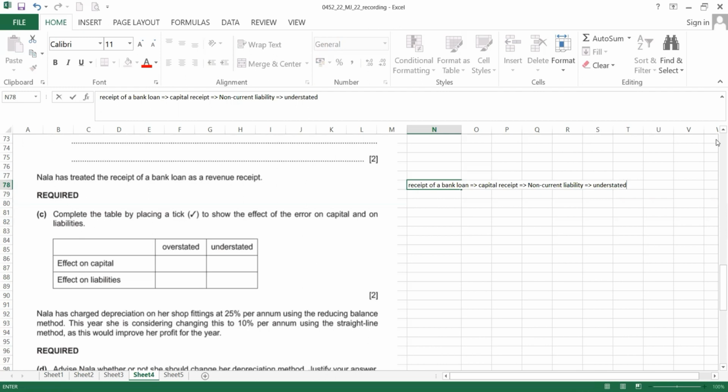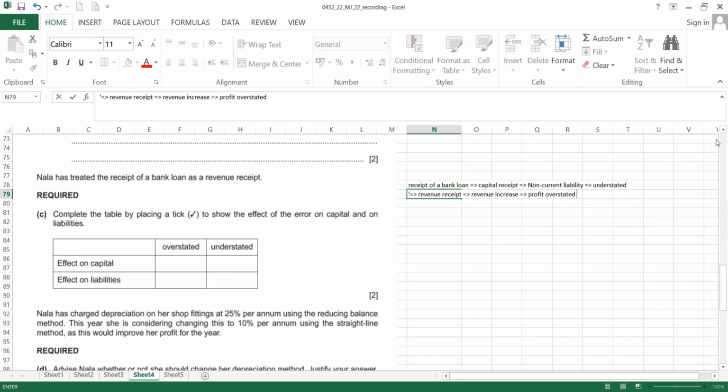But however, when you recorded it as a revenue receipt, then our revenue increases. Revenue increases, profit will be overstated.